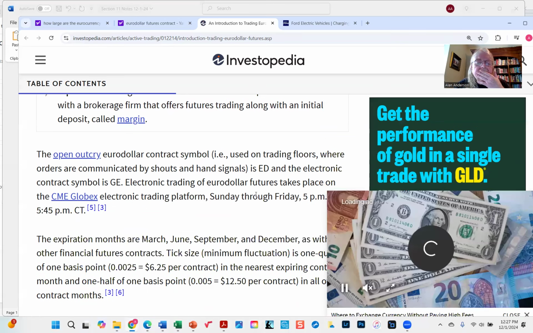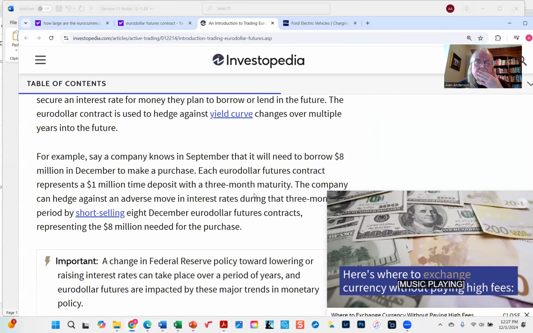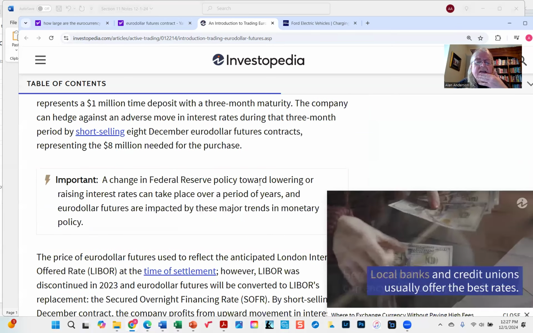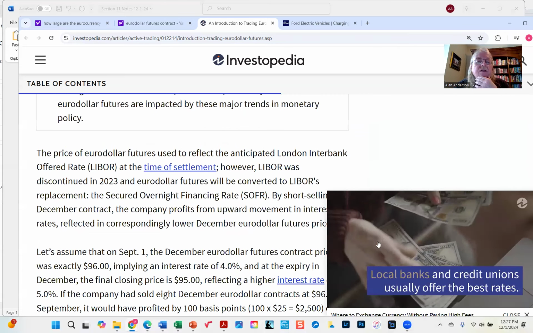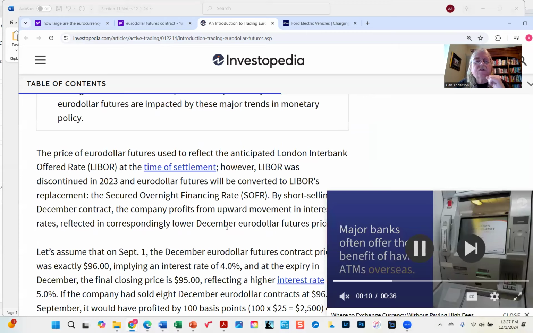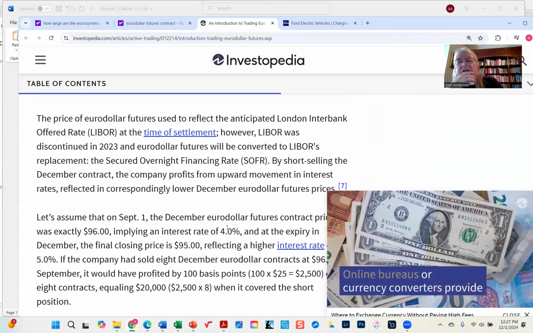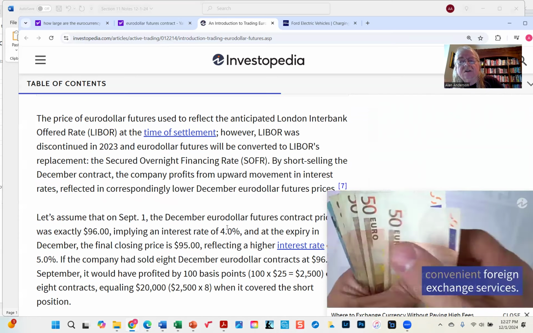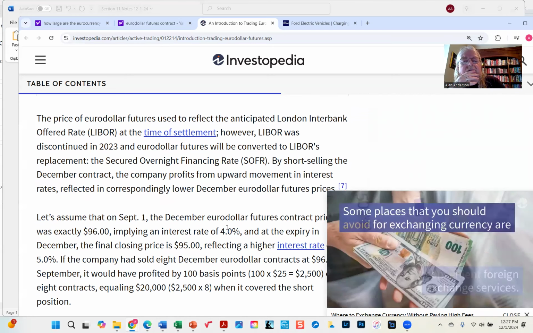So, yeah, we can go back and revisit this again later on. Oh, here we go. The price of Eurodollar futures reflects the anticipated LIBOR. LIBOR was discontinued altogether in 2023, so it still took a while to get rid of LIBOR. SOFR is being used now instead.